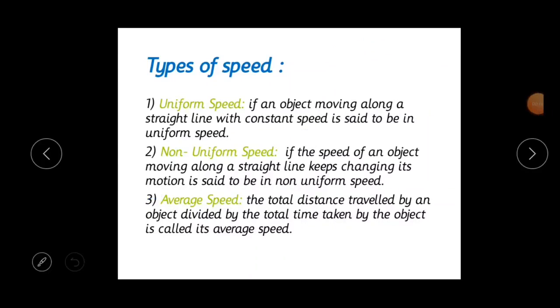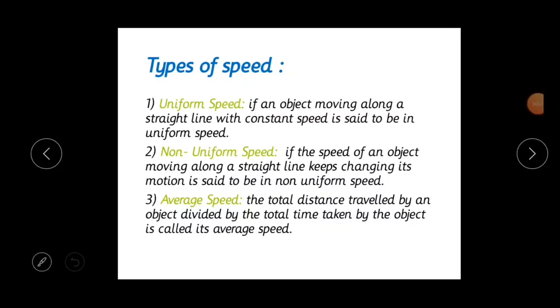Here we have three types of speed, so let us study one by one. First is uniform speed. If an object moving along a straight line with constant speed is said to be in uniform speed. So when the object travels a fixed distance in the same time gap, it is said to have uniform speed.